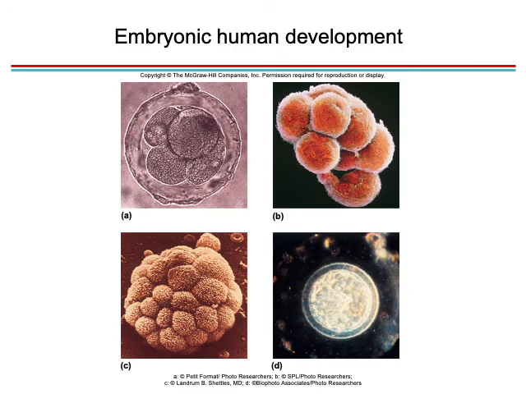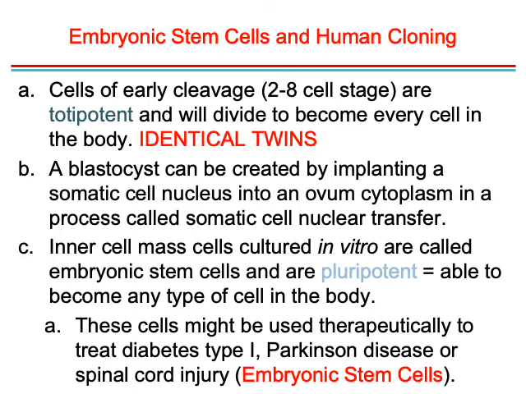Again, here are some photos of human fertilized eggs and fertilized egg development as they move into all these divided cell stages. So let's talk about this fertilization process, at least in terms of stem cells.